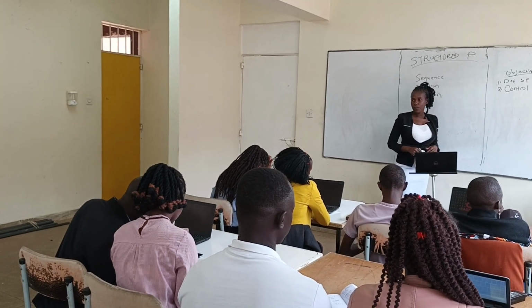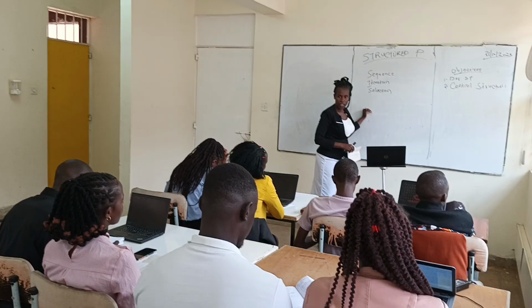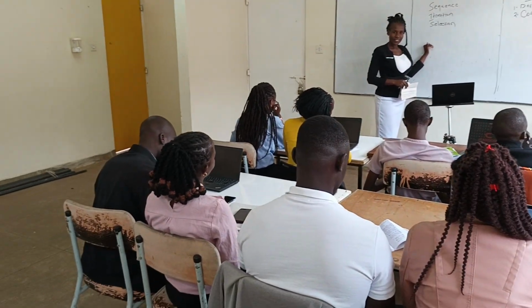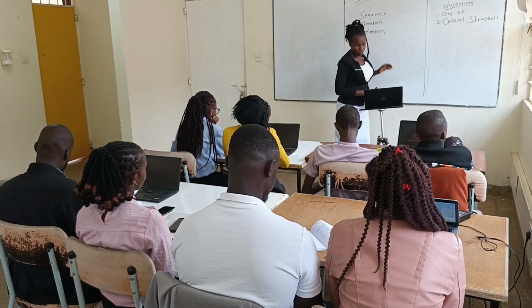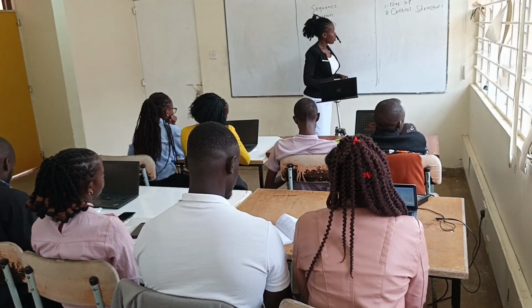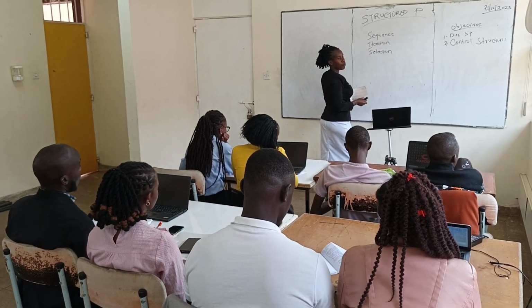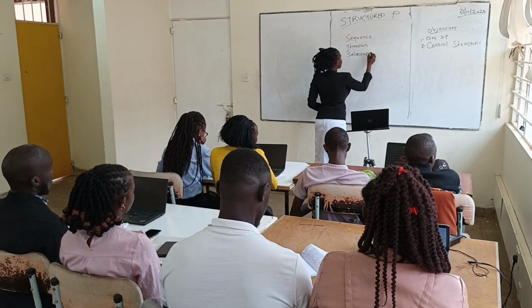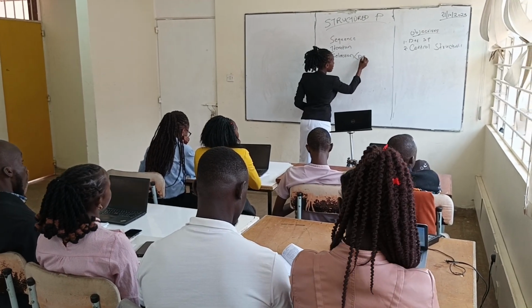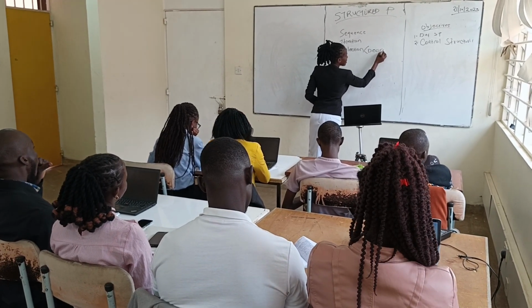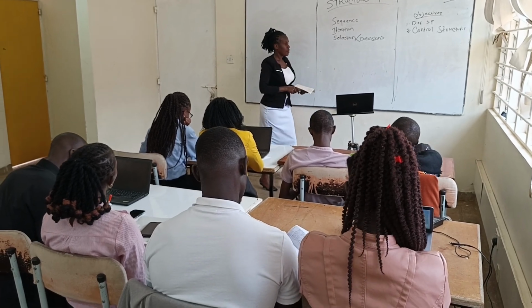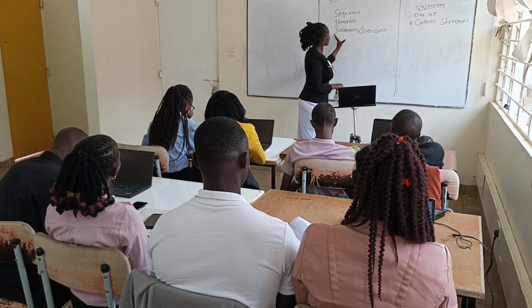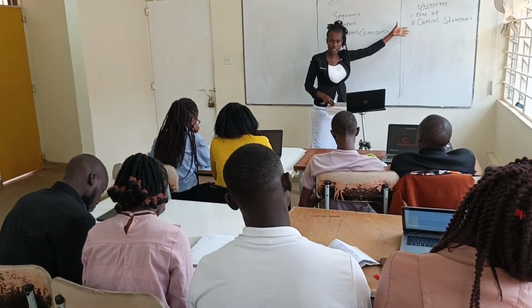Up to where we are, any question? You are okay? Great. So let's move to selection. The other name of selection is decision. Let me get someone to define selection as a type of control structure.